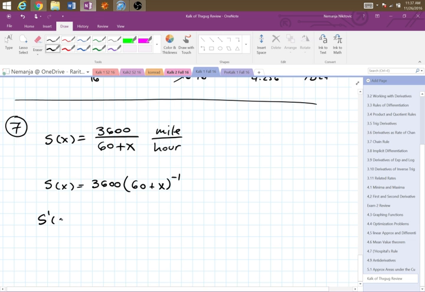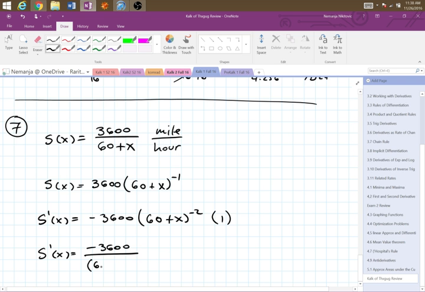So s prime of x is equal to negative 3600 times the derivative of the inside. Wait, hold on, that's it. Times the derivative of the inside is 1. So we have negative 3600 divided by 60 plus x squared.